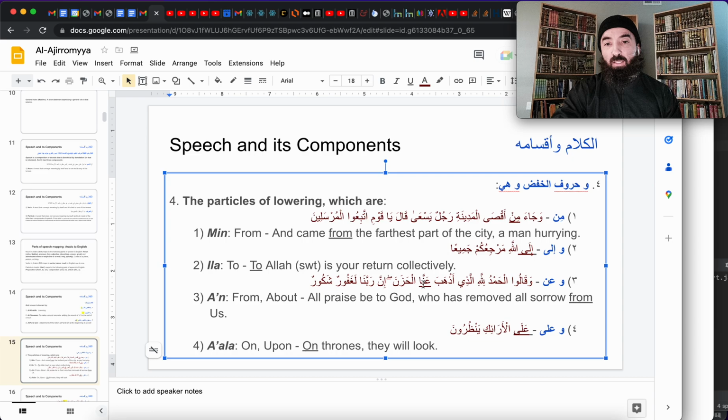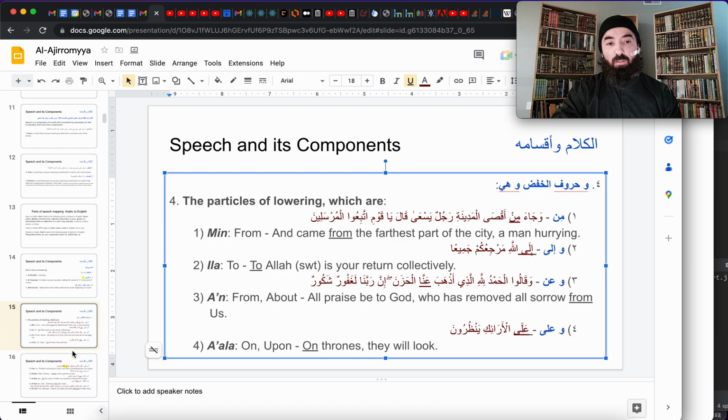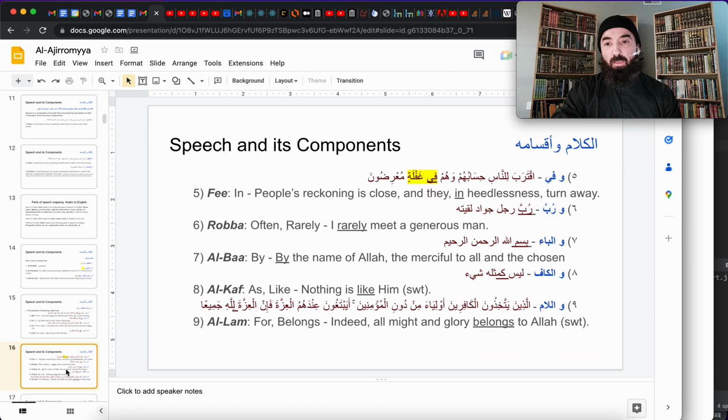What comes after an is actually a pronoun, as we mentioned earlier that the pronoun also falls under a noun, and this na is a pronoun. And what comes after ala is ara'ik, right? And ara'ik is also a noun. So as soon as you see one of these particles, you know that what comes after them is a noun. It's a great sign, a very clear sign.